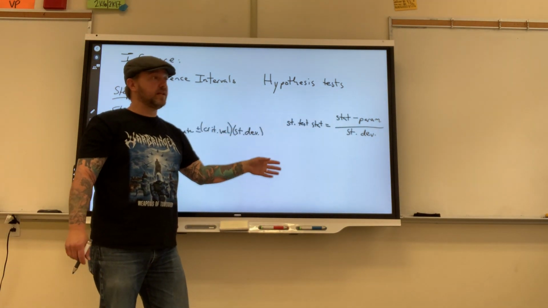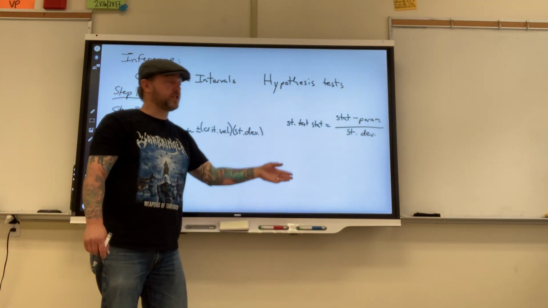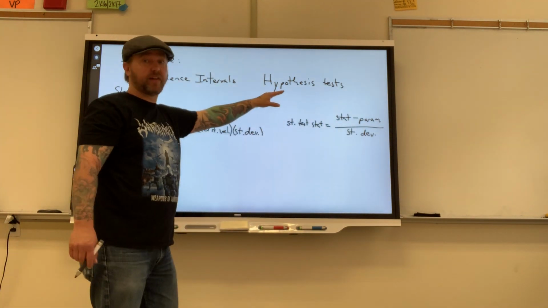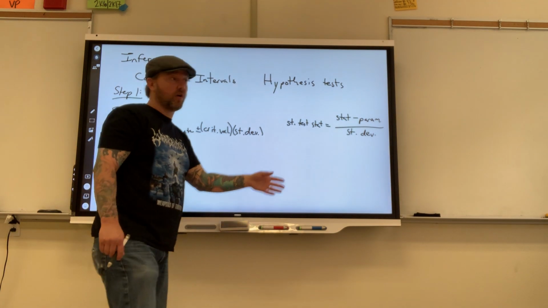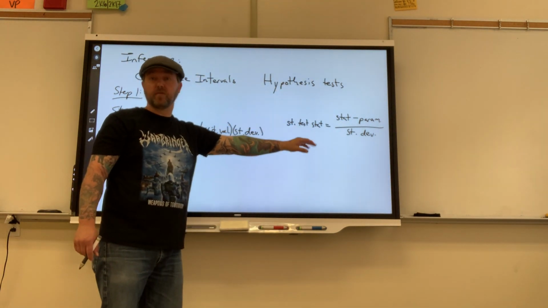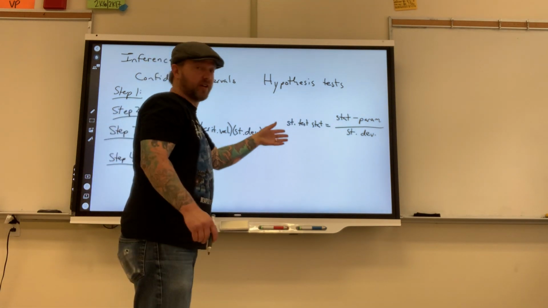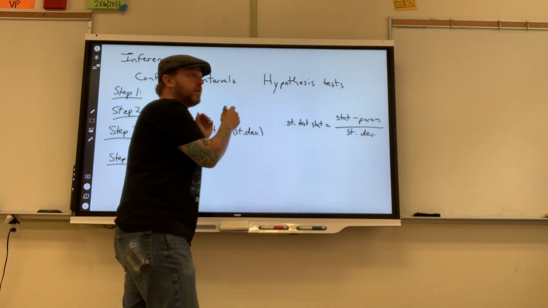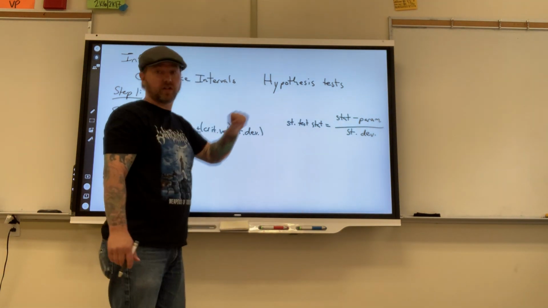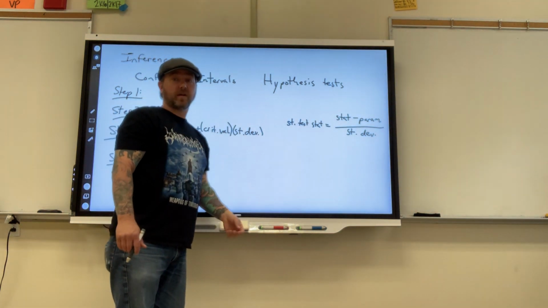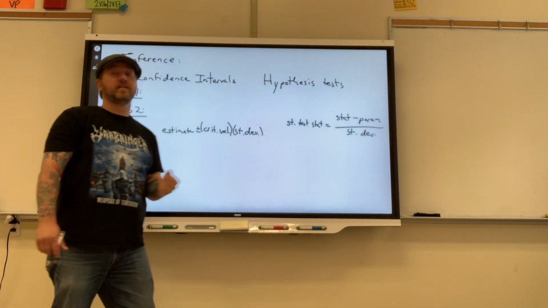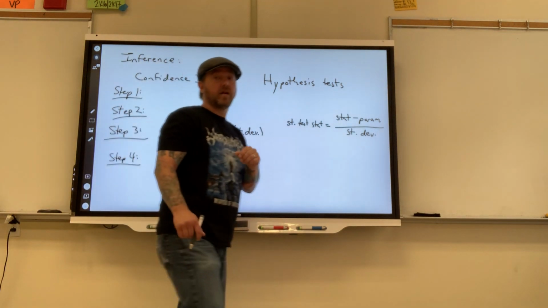If the p-value is high, we fail to reject H naught. If the p-value is low, we reject H naught in favor of HA. We have evidence to show that HA is true. If we fail to reject H naught, the p-value is high. Since our p-value is high, we fail to reject H naught. There's not enough evidence to show that HA is true, or there's not enough evidence to show H naught is not true. There's a lot of double negatives in here.